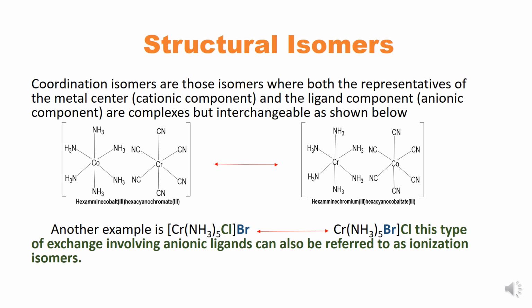Remember, coordination compounds have two valencies, the primary and the secondary valency. This type that has exchange in anions can also be referred to as ionization isomer, given the fact that when bromine moves in and chlorine moves out, there's exchange of ionization within the coordination hemisphere and the ionization hemisphere, which is a change between the primary and the secondary valency.